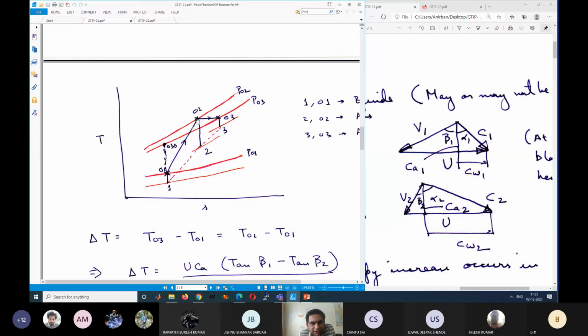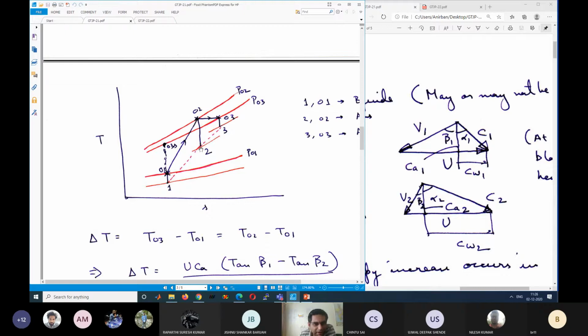So the distance between T02 and the static temperature T2 should be equal to C2 square by 2 Cp, right? And because C2 is quite larger than C1, this distance will be quite large, as compared to this distance. So point 2 is below this point 02, at a much larger distance. This is the static temperature T2.